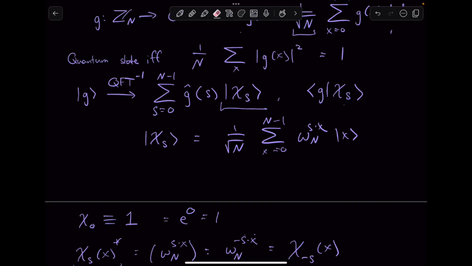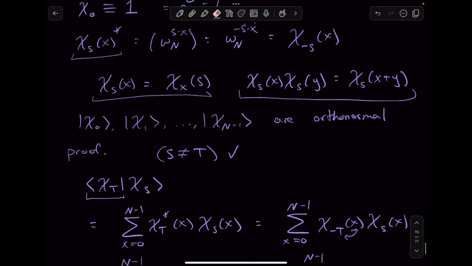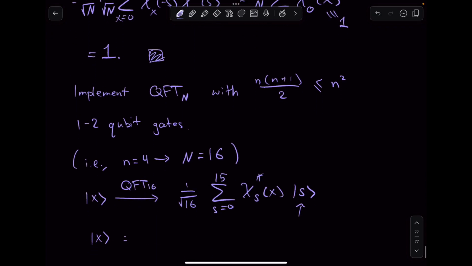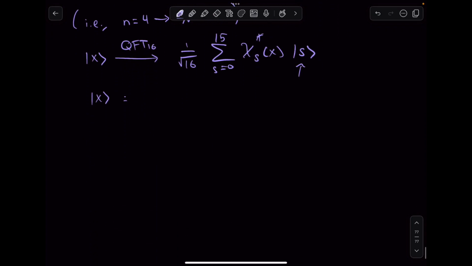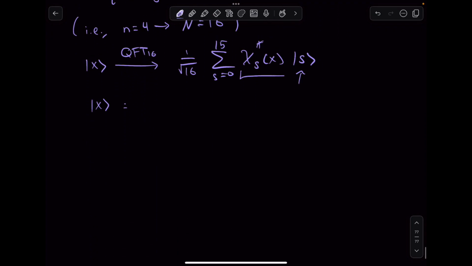So this is taking something from the standard basis to the chi basis, but we want to take it back to the standard basis with our coefficients being these chi values. Yeah, it's really not too important. The actual unitary matrices end up being pretty much the exact same thing. In particular, because this thing is unitary, they're just the conjugate transpose of one another.